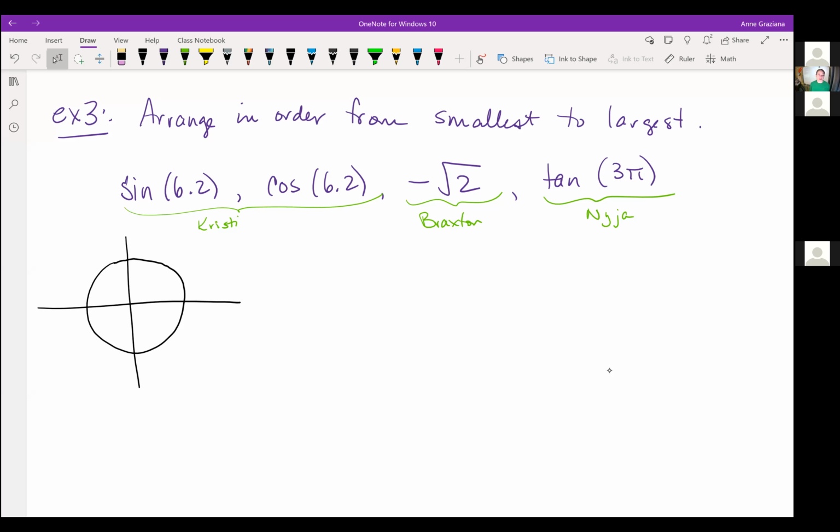How do you get the 6.2 on your unit circle? Where would I go? We've got to find it. Yeah, how do I find it? I'm starting here. You go counterclockwise, right? Yes. All right, so you have to tell me when to stop.